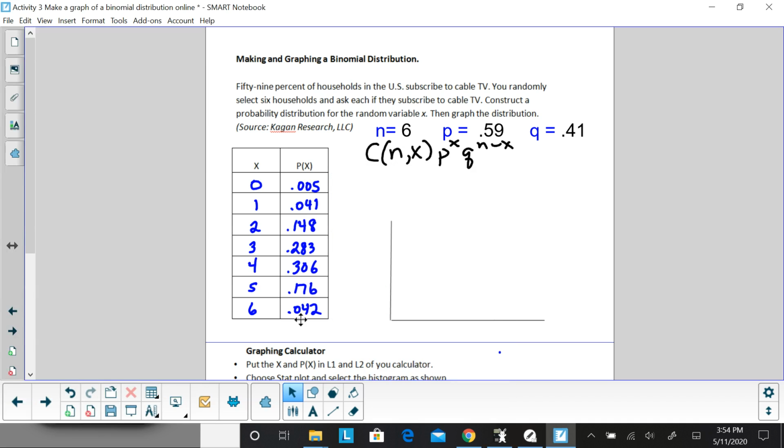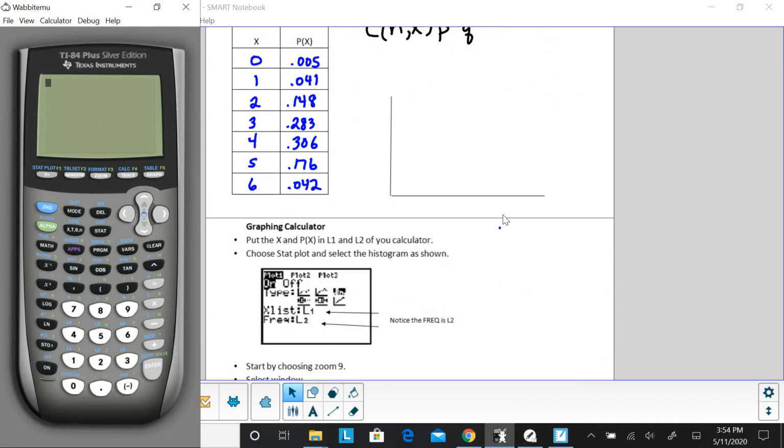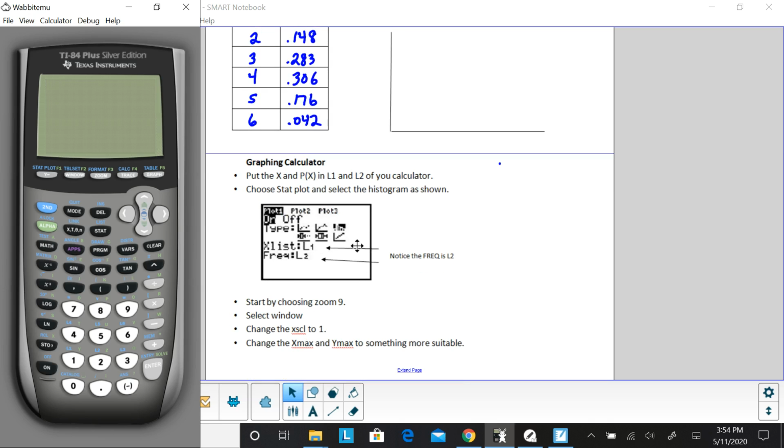Okay, so the next thing that you're going to do, let me get rid of this little green box here, is we need to make a graph of this. Okay? So if you go down below, you'll notice that you need to turn on your plot. You need to make sure that you have a histogram selected, your X list is list 1, and your frequency list is list 2.